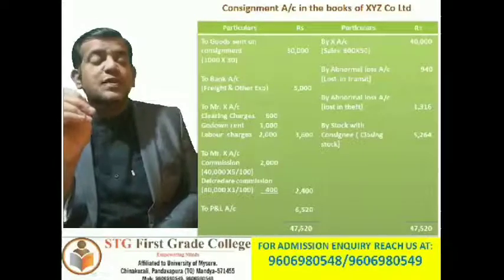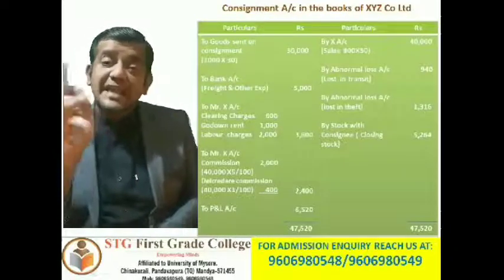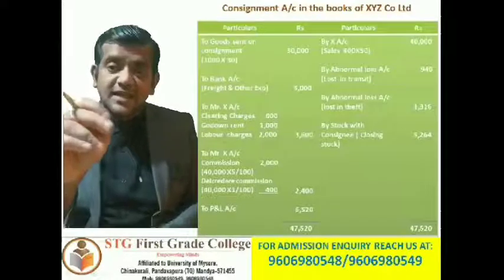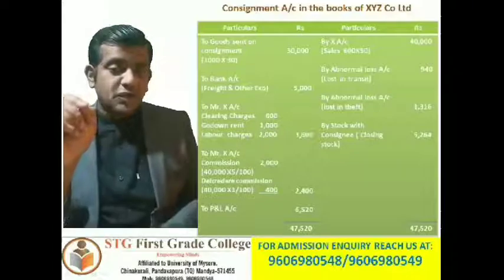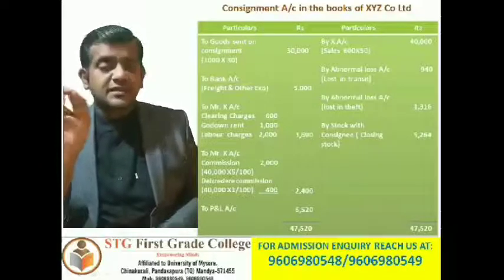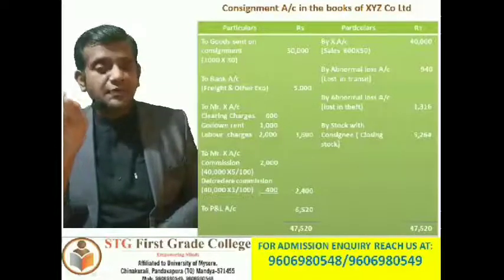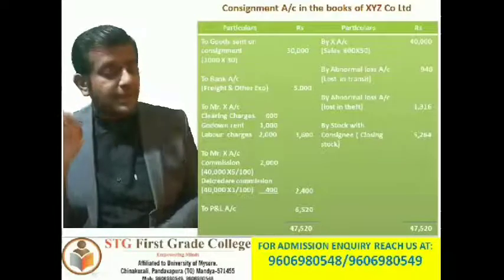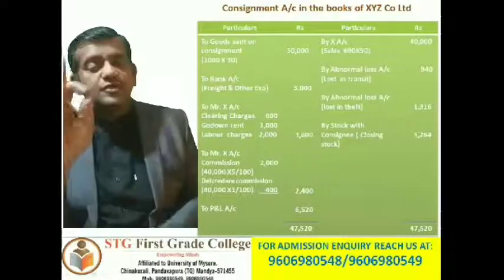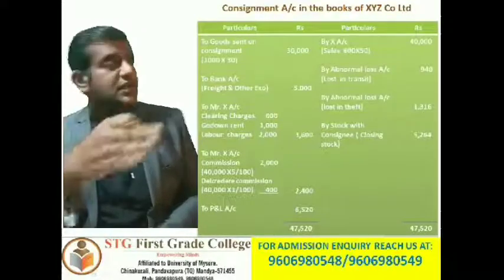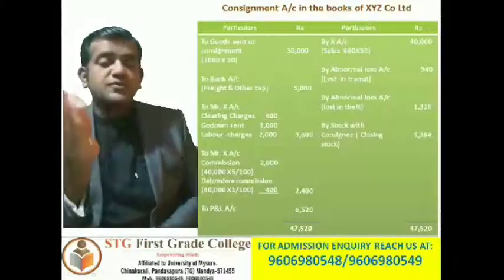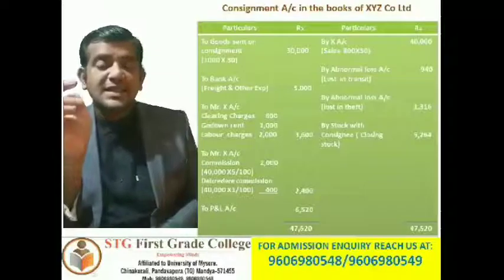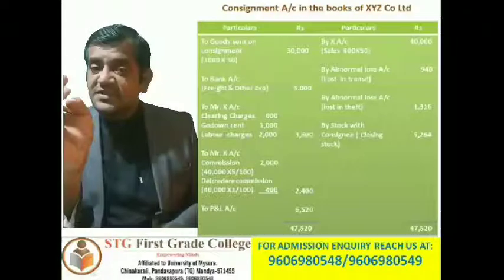Next we have the expenditure incurred by the consignee, which we are supposed to record here. So clearing charges 600, godown rent 1,000, labor charges 2,000. Put all these expenditures in the inner column as shown here. In total, put it in the outer column. So the outer column total is 3,600. So how much is the total column?